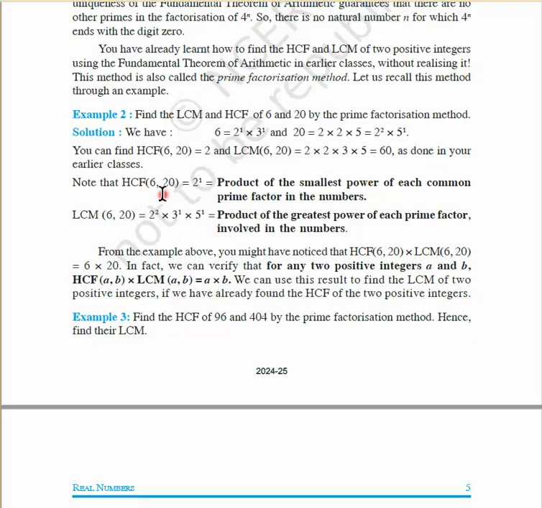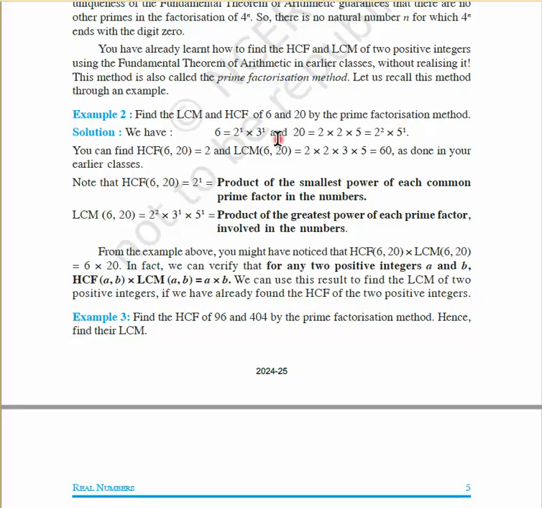So HCF is the product of the smallest power of each common prime factor in the number. Here the common prime factor is 2 and the smallest power of that common factor is 2. So highest common factor is 2 here. And LCM is the product of the greatest power of each prime factor involved in the numbers.